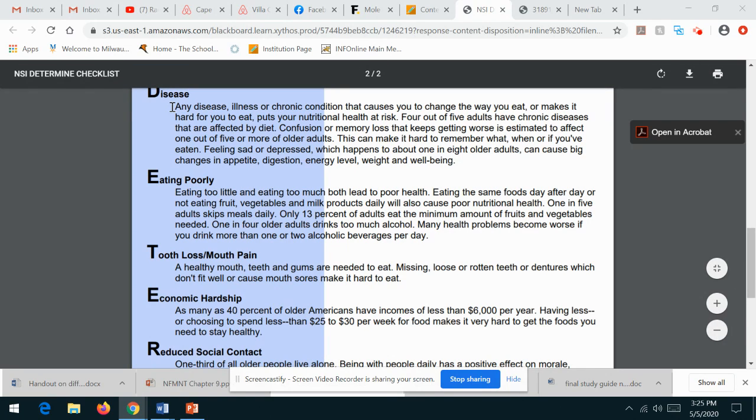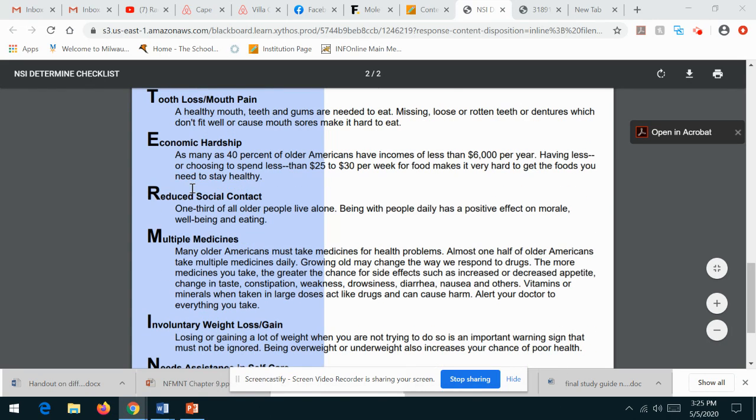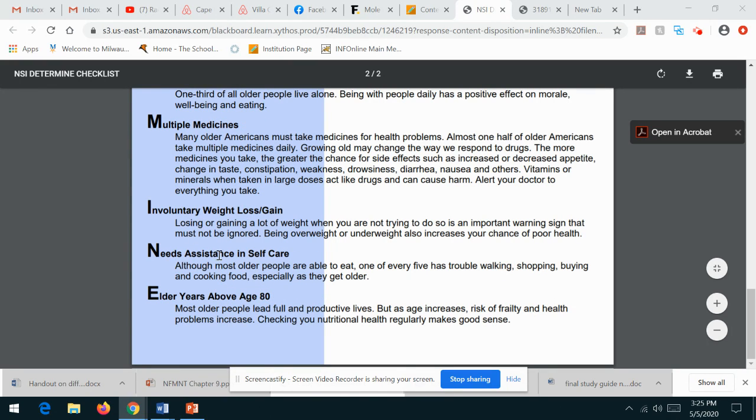So Determine screen looks at disease, eating poorly, tooth loss, mouth pain, economic hardship, reduced social contact, multiple medicines or polypharmacy, involuntary weight loss or gain, need for assistance in self care like shopping, eating, cooking food, and elderly above the age of 80.